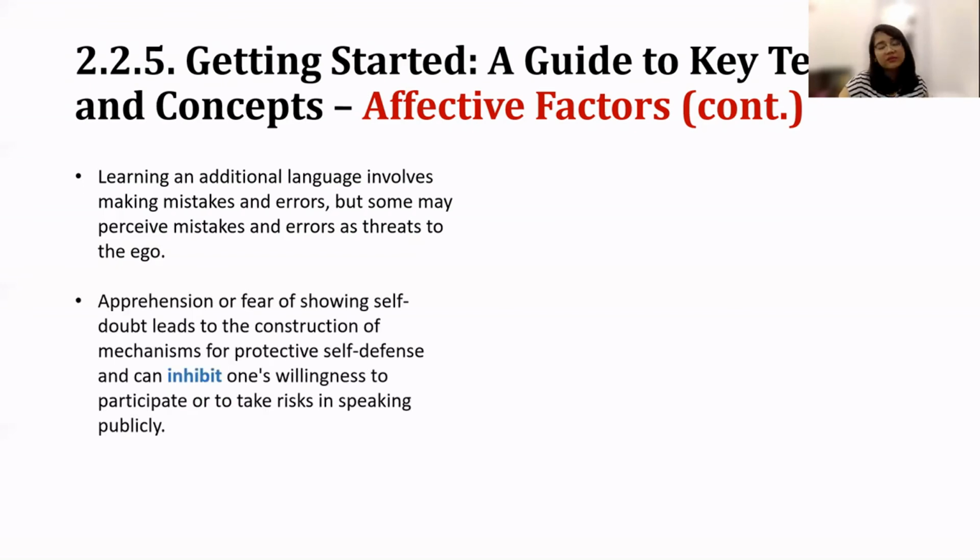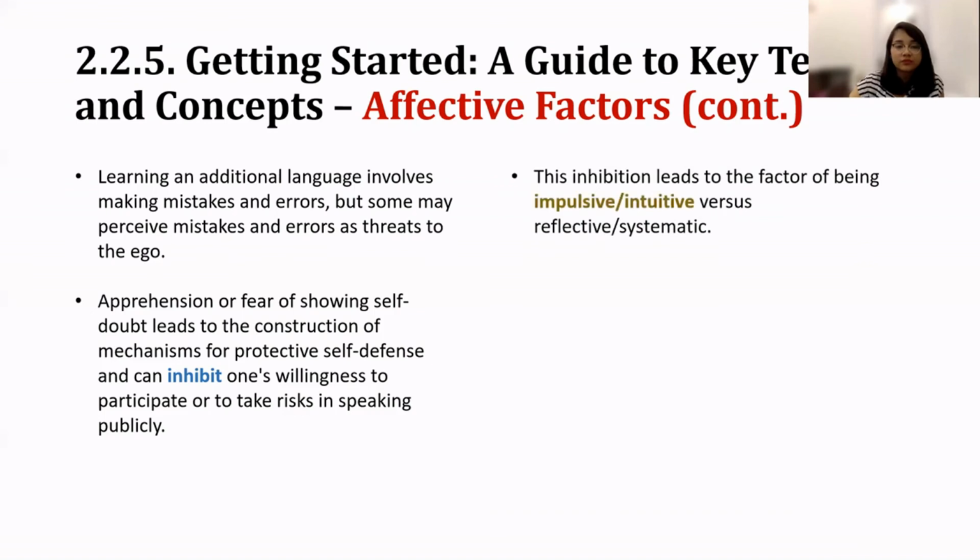And it results in this: apprehension or fear of showing self-doubt leads to the construction of mechanisms for protective self-defense and can inhibit one's willingness to participate or to take risks in speaking publicly. So although someone is very good at communication, if he is not comfortable with making mistakes or errors in communication in the target language, he may not talk a lot.